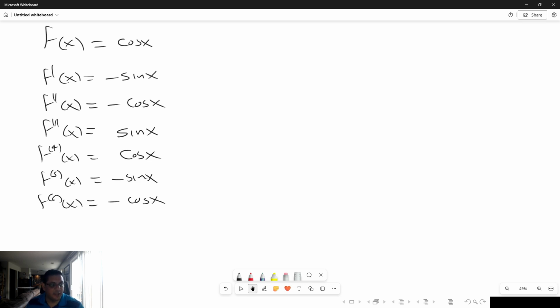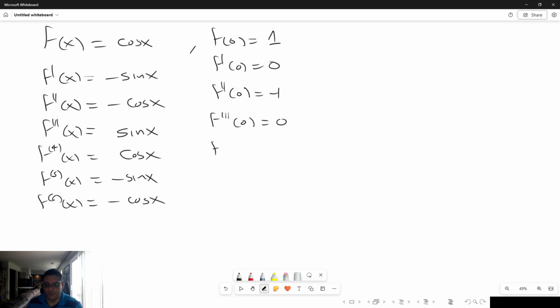Okay? And so now at that point, we plug in 0. And so here's what's going to happen. Notice when I plug in 0, everything that is a sine is going to become 0. So f of 0 is going to be 1, but f prime of 0 is going to be 0. f double prime of 0 is going to be minus 1. f triple prime is going to be 0 again.